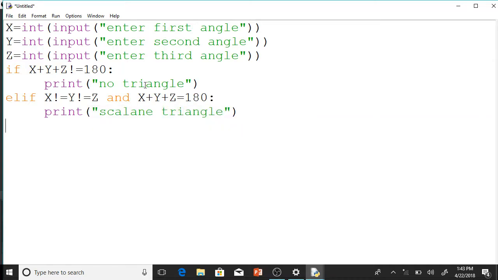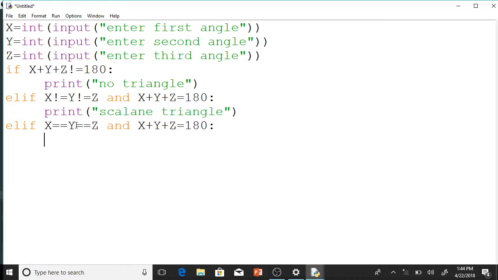Now we have to make another condition, elif x double equal to y double equal to z, because double equal means we are comparing, and the same condition here, x plus y plus z equal to 180.